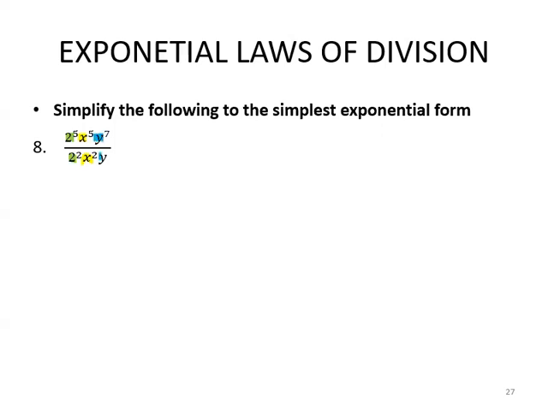Same bases. The denominator y has an exponent of 1, so I'll just say 7 minus 1, which is 6, and this is what we'll have. However, please note, this 2 to the exponent of 3 is actually 8.